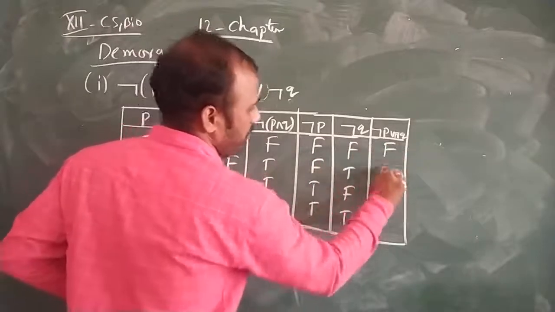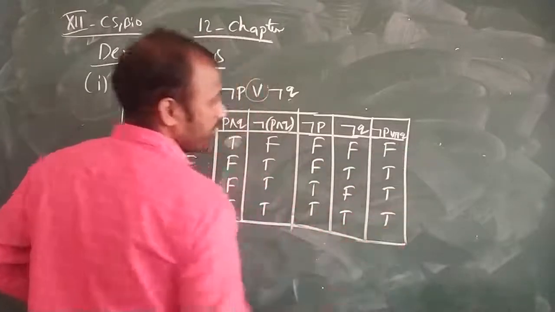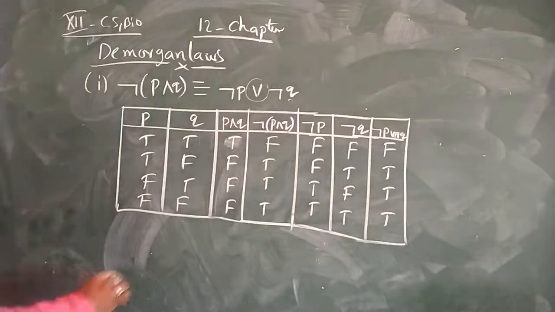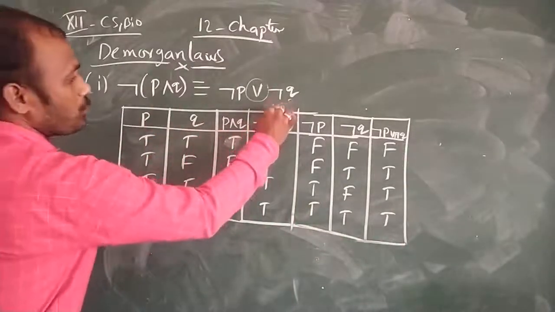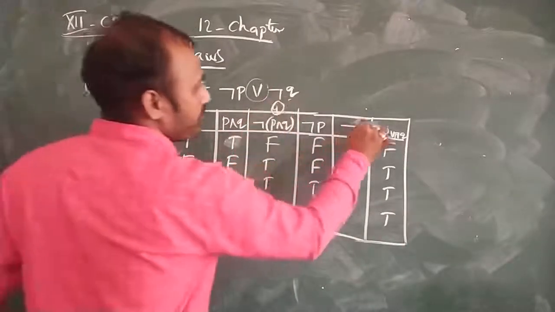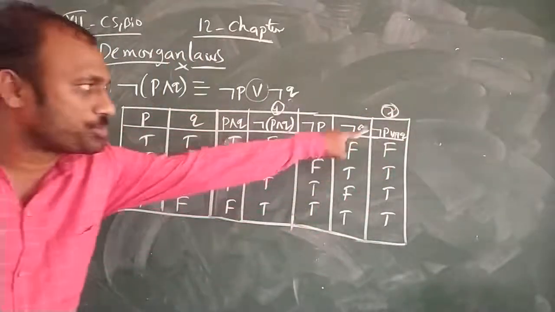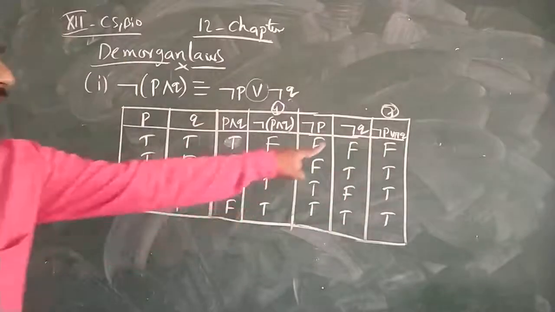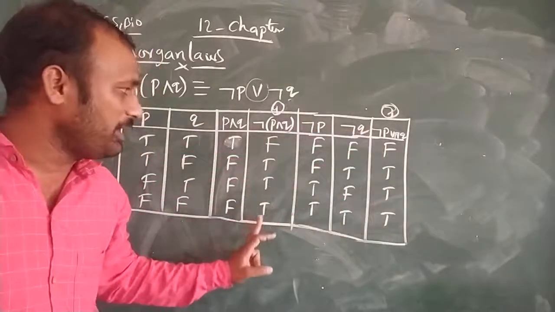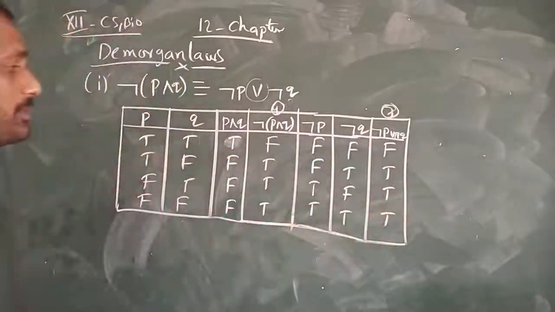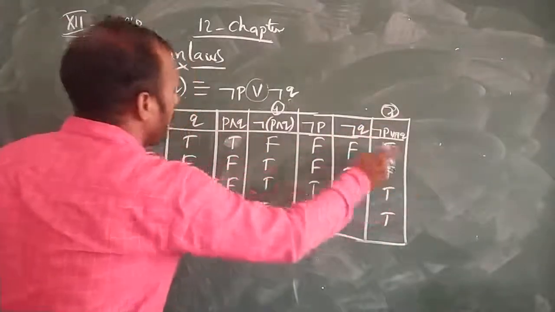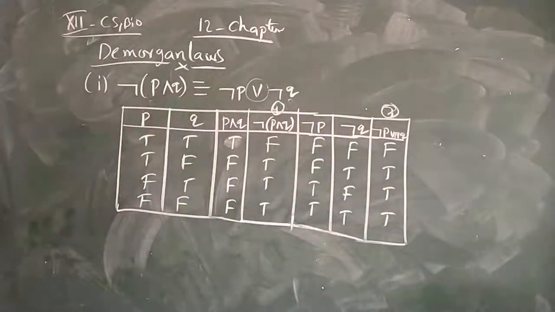Remaining all cases it will be true. So now if you observe this 4th column and 7th column, we can find the truth values of these two are equal. F, T, T, T, F, T, T, T. So since they are equal, we can consider this one equal.